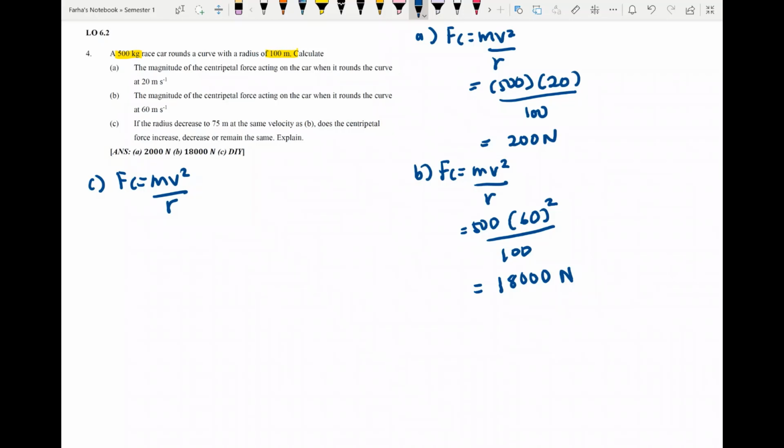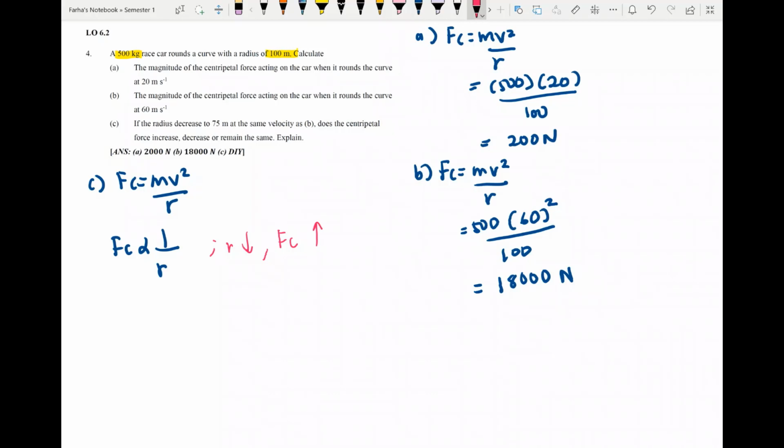Okay, means that when the radius of the curve is decreased, the Fc will increase. Okay, because Fc inversely proportional with the r. So jadi sekarang kita boleh katakan bila radius tu decrease kepada 75 meter, R decrease, jadi Fc will increase.